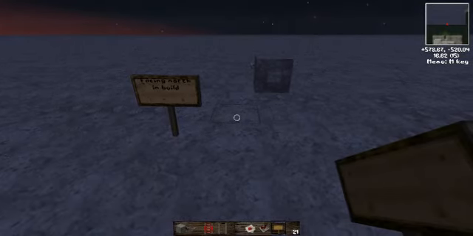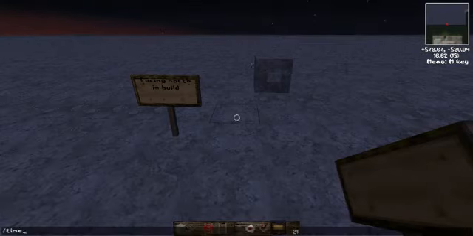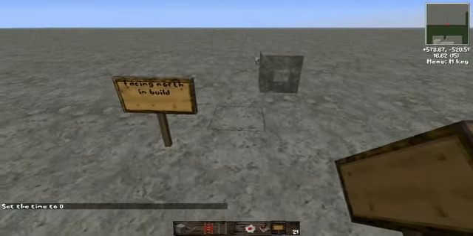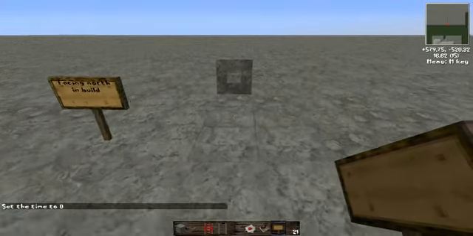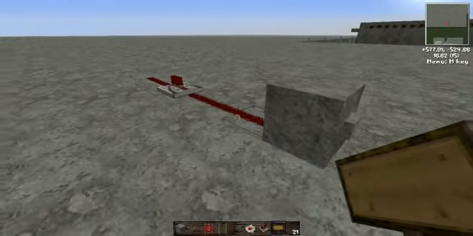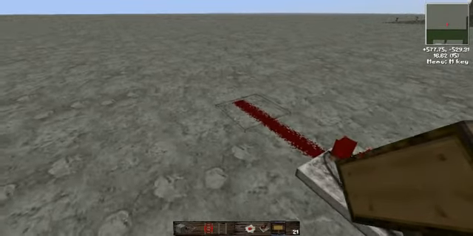Let me quickly switch this to day here so it's a little bit easier to see. Okay, basically what happens is, say for instance I'm facing north, just have your standard push button start, a little bit of redstone with the repeater, more redstone.